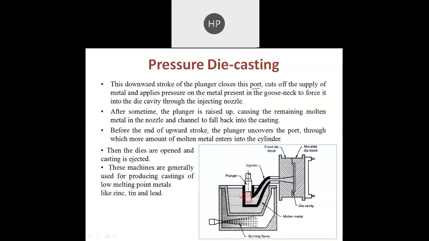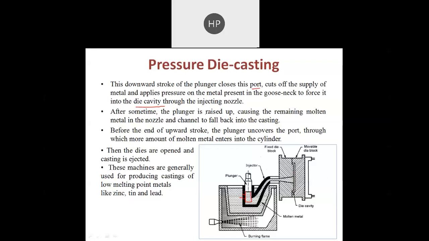It will be pressurized by the plunger and forced into the die cavity through the injection nozzle.